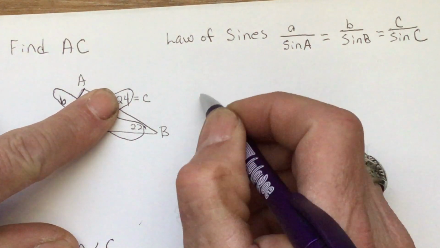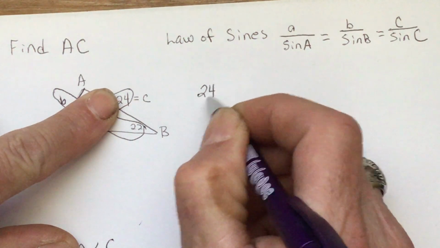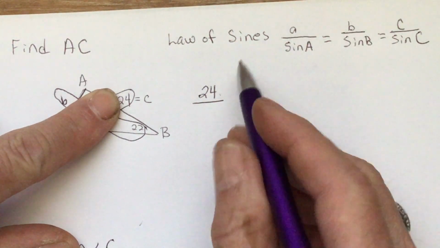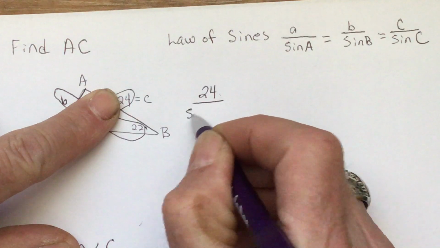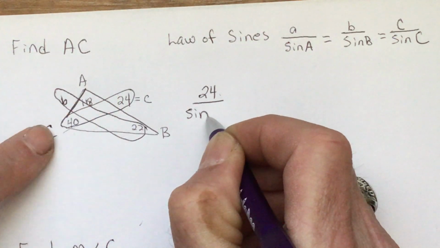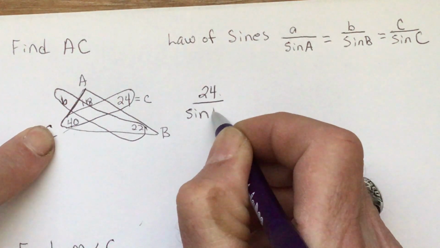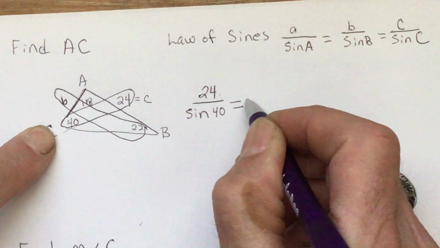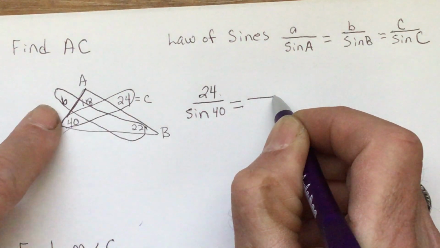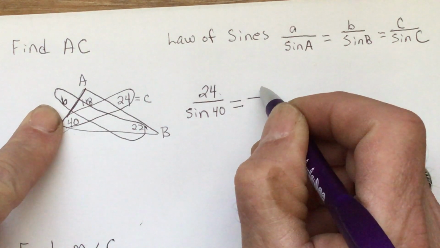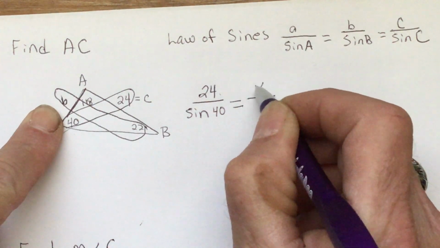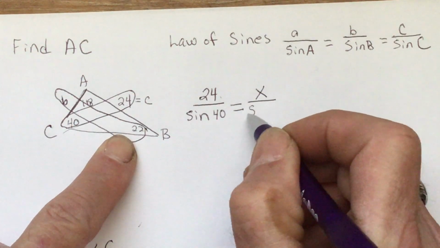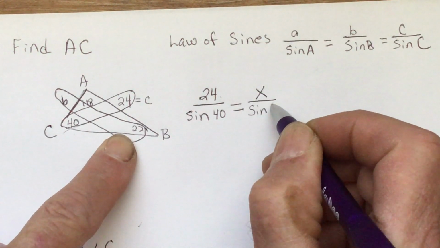We'll start with this one, 24 over, because the side measure goes on the top, the sine of 40, and that's going to equal, all right, here's our other ratio. The side measure, we don't know how much it is, that's the unknown, so we'll call it X, divided by the sine of 22.